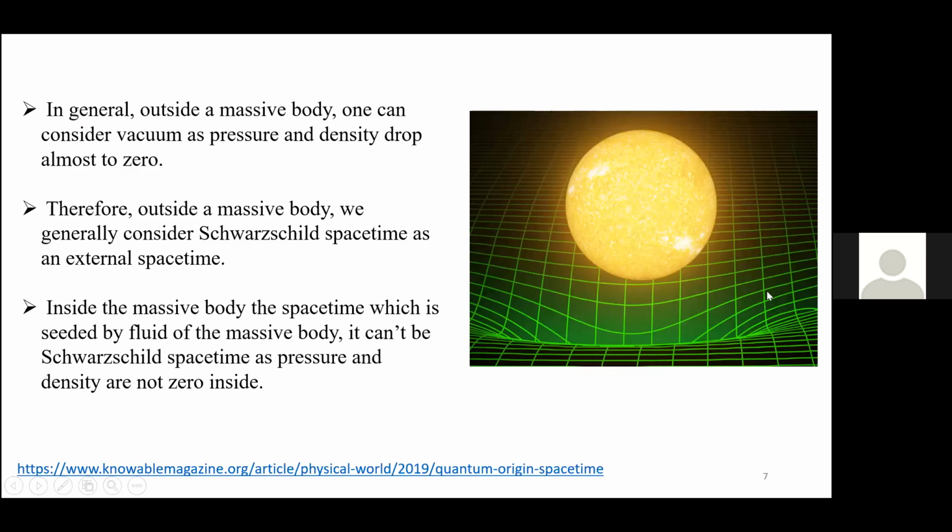In general, outside a massive body, one can consider a vacuum as pressure and density drop almost to zero. Therefore, outside a massive body, we generally consider the Schwarzschild spacetime as an external spacetime, and inside this massive body it can't be a Schwarzschild spacetime as pressure and density are not zero inside.